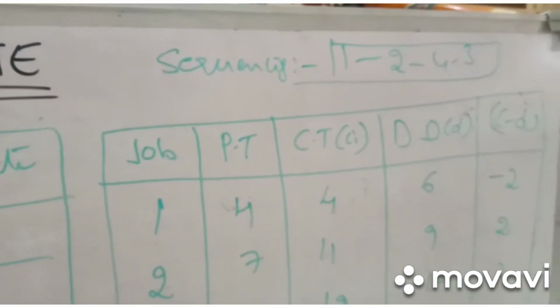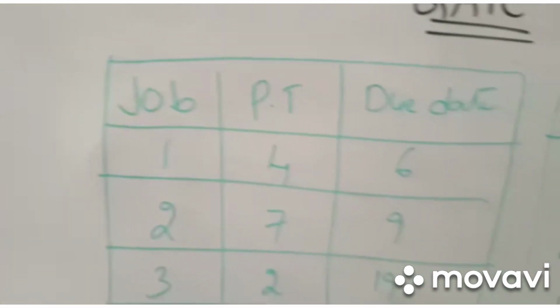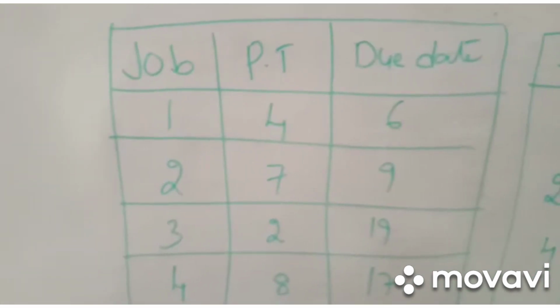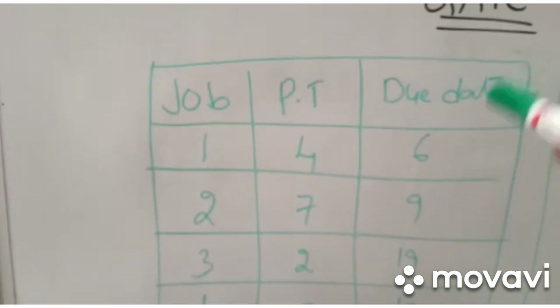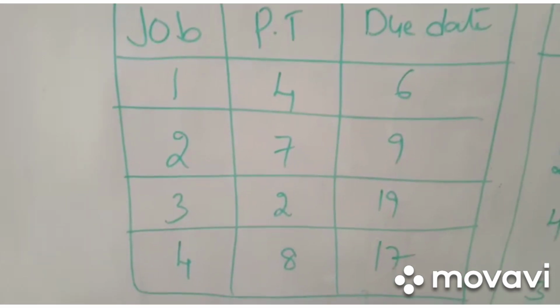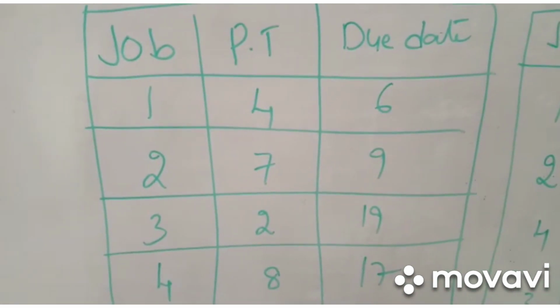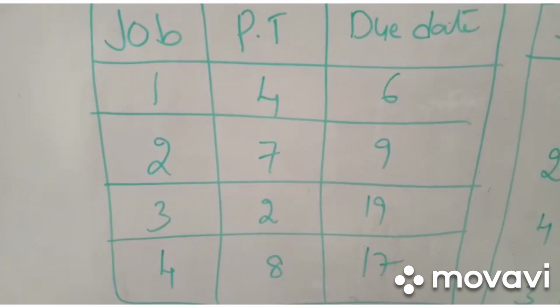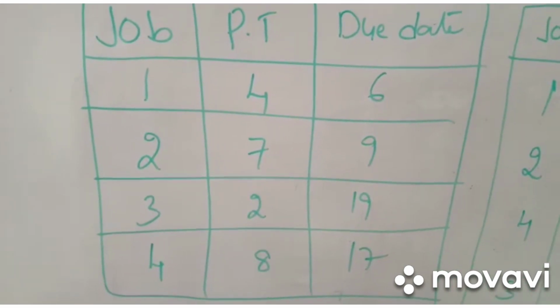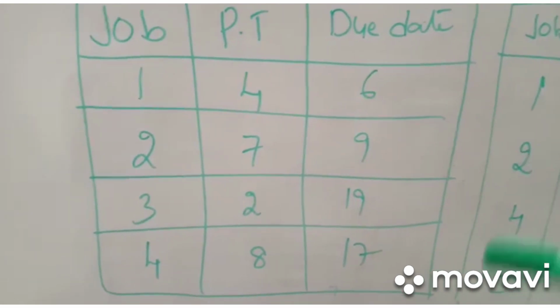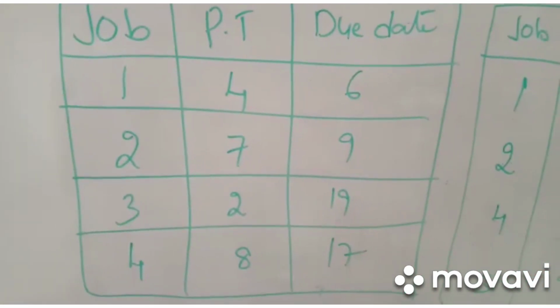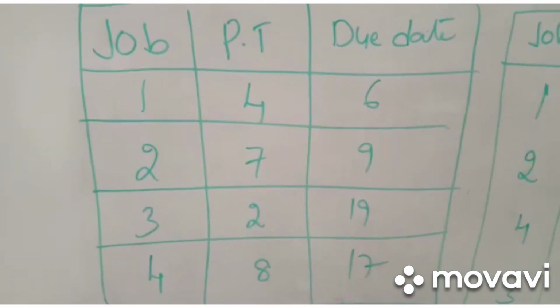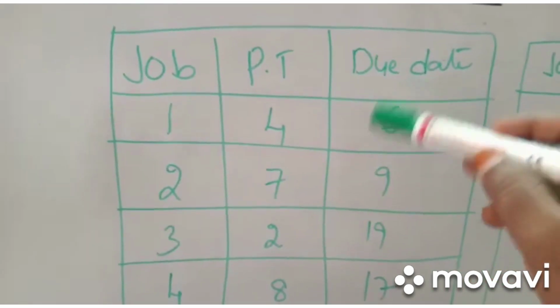So what is the sequence of your jobs? In this relation you have a number of jobs and you have a due date. Based on your due date, your job is to be dispatched on this particular date. Here it is a date, so as per the date you can dispatch your job. That is what we call a due date. So what is the lowest due date?